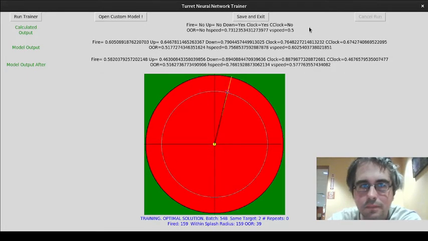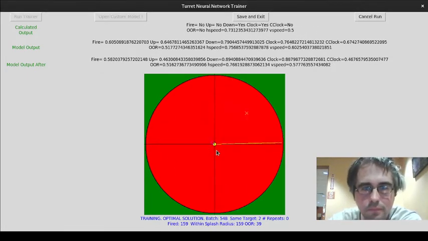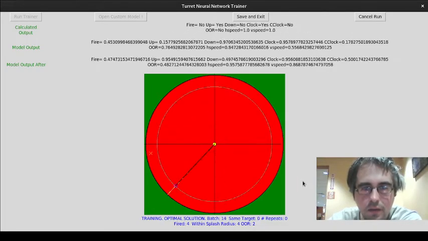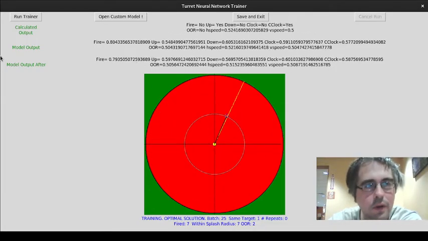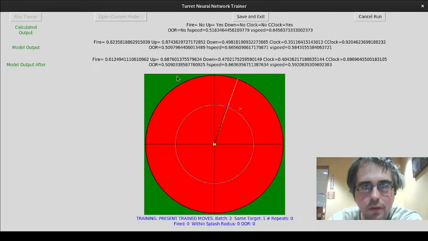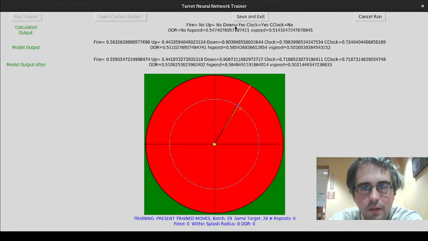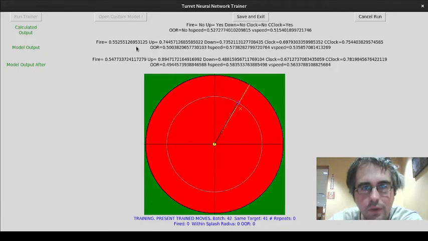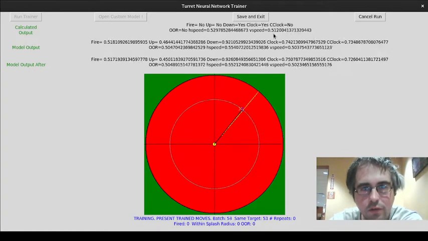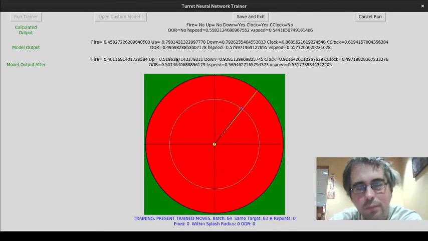Whereas this one here, it's doing the same thing up here, alright? It's just following the moves that are being generated rather than the moves that it should be following, essentially, to get to the next point where it's training.